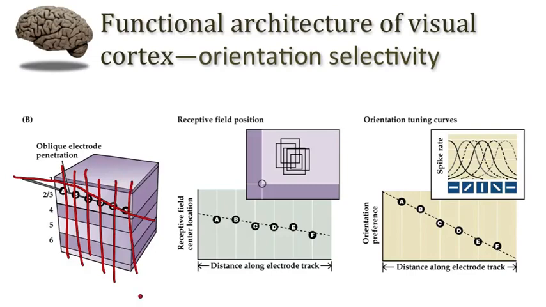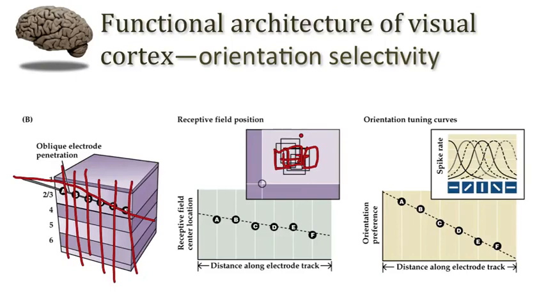And what we find when we move across the cortex in this way is that receptive field position slowly begins to drift from one location through adjacent locations until finally we reach a separation of a full receptive field after we advance a microelectrode about 1 millimeter or so in the cortical tissue.